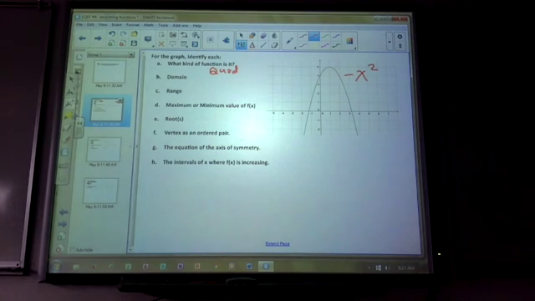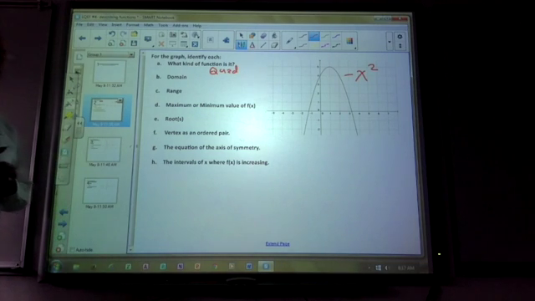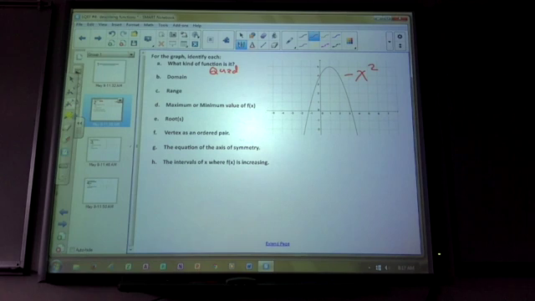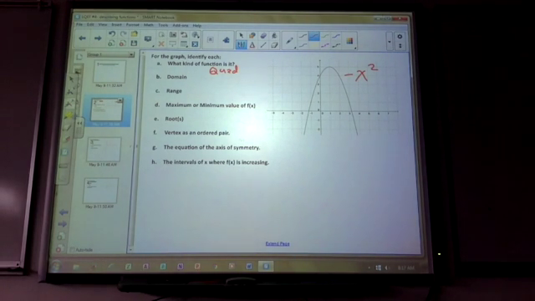The domain. And the domain, so the domain and range really are what most students will struggle on. You'll struggle on it in here, in geometry, in Algebra 2, pre-calc, even calculus when you get there. Domain and range are just, when you look at a picture, it's easy to see.